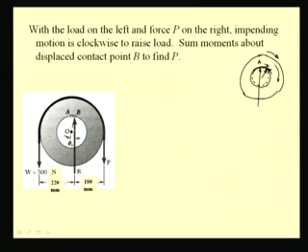So, if we want to solve this problem by the graphical method, we can place this reaction R at a distance which corresponds to the radius of static friction. So, the angle made by this R with respect to the normal is phi s.